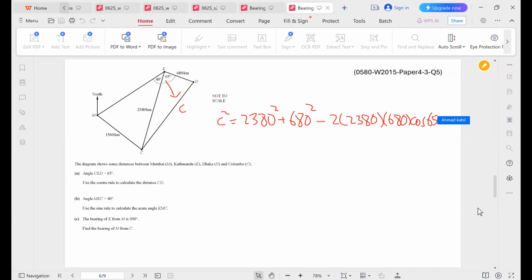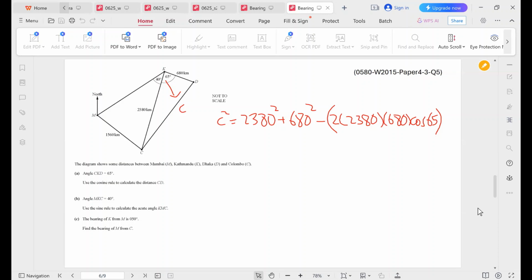And it would be a good idea to put these in big parentheses like this. So on the calculator, you write 2380 squared plus 680 squared minus, and then you open brackets, and then 2 multiplied by 2380 multiplied by 680 multiplied by cosine 65.